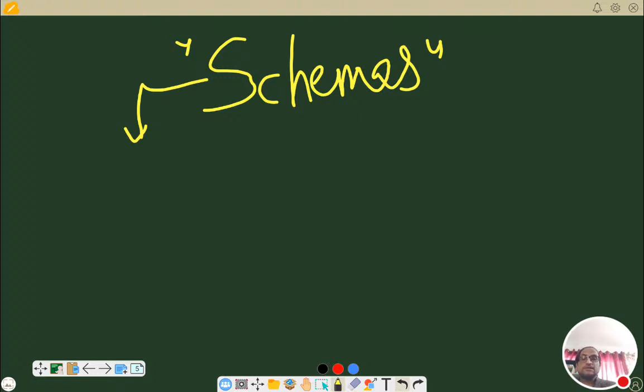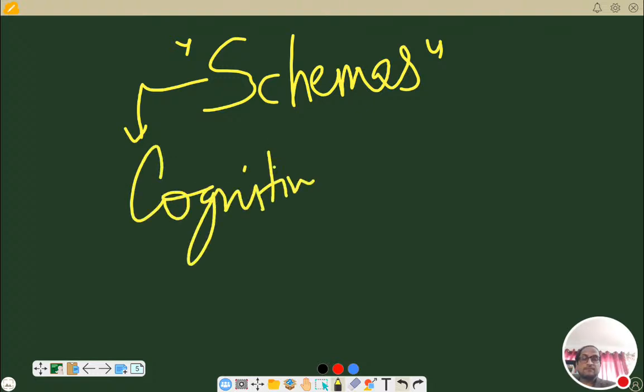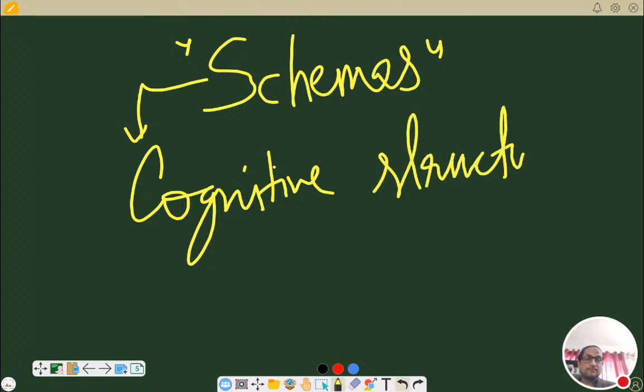What is schema? Schema is a cognitive structure in your mental process which holds information related to a particular concept.